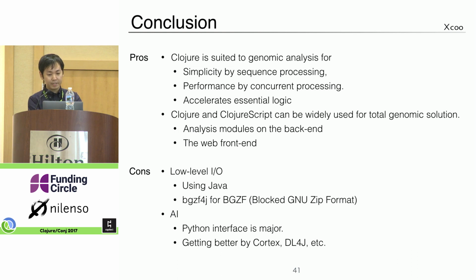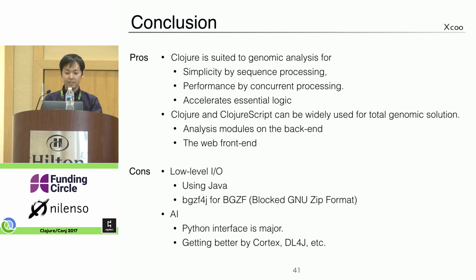Okay, I'll summarize my talk. As Clojure pros for genomic analysis, both simplicity and performance are realized by features of sequence processing and concurrent processing. This enables us to concentrate on and accelerate essential logic.